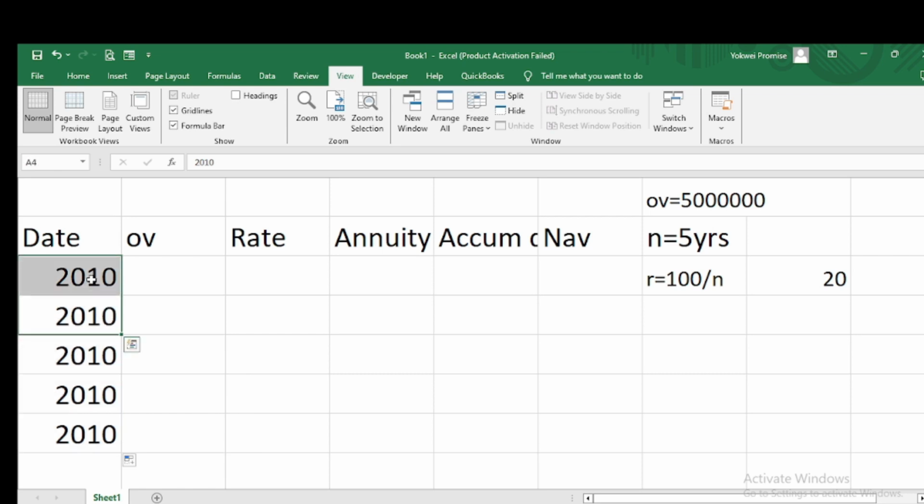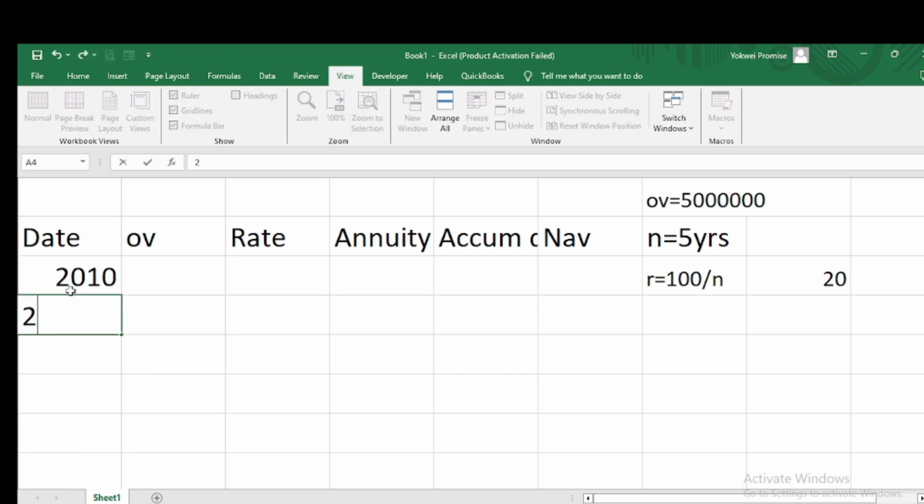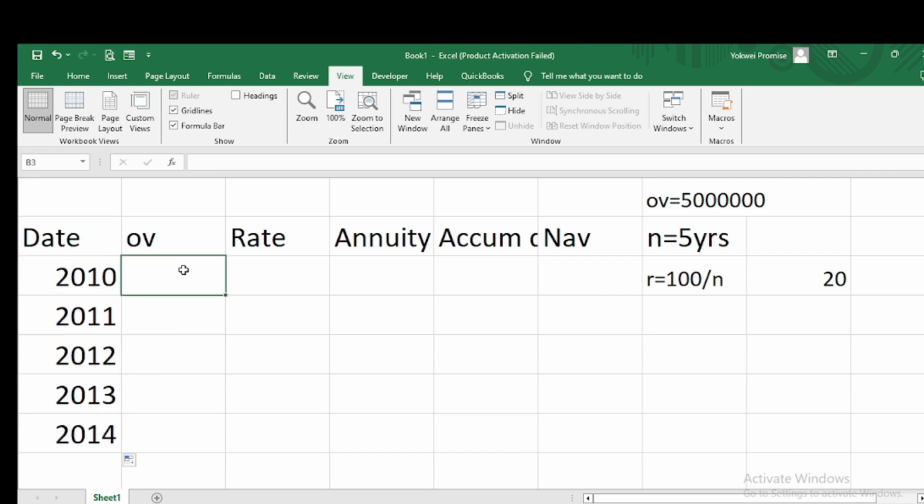So we have 2010 here, 2011, and then our original value.